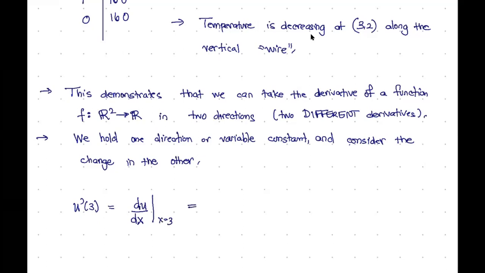We are going to denote this in the following way, as the derivative of T with respect to x at (3, 2), or dT/dx. This is called a partial derivative of T with respect to x, and this is at the point (3, 2).